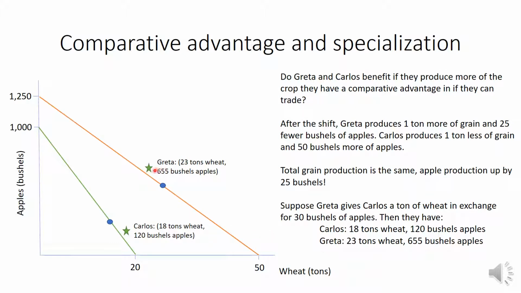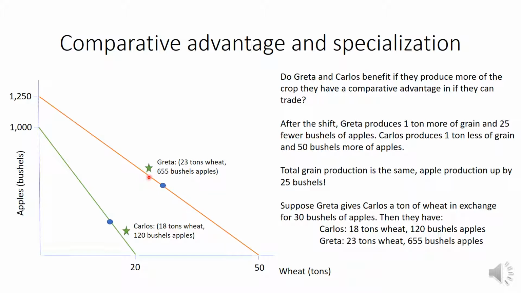And so these green stars show us how much Greta and Carlos are going to have to consume after they have decided to alter their production plans and then trade with one another. And you'll notice that both of these green stars are above the lines at which the respective farms can engage in production.